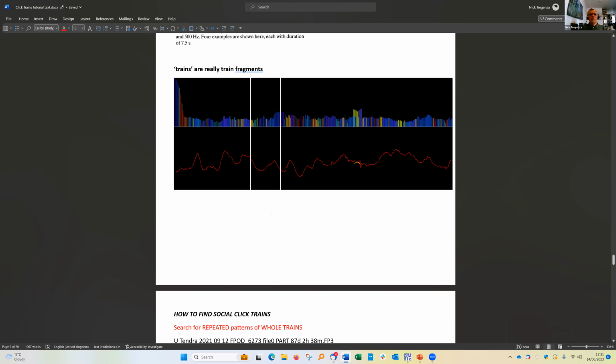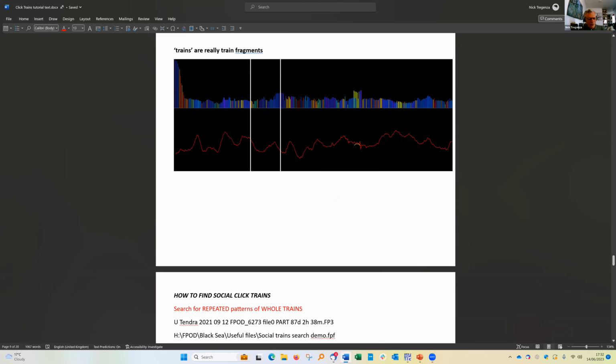When you look at it like this, you can see that these fragments of trains could start going up, going down, whatever, anything is possible. So equipped with that, we will look at how you can find social click trains.